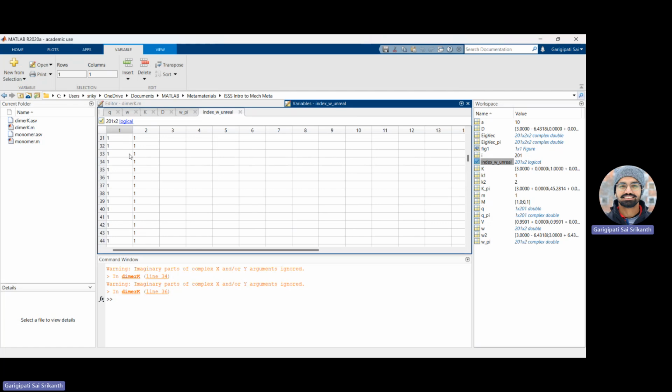Imagine one means true, zero means false. True implies the omega has an imaginary part, so imaginary omega. Yeah, this is fine. Brilliant.